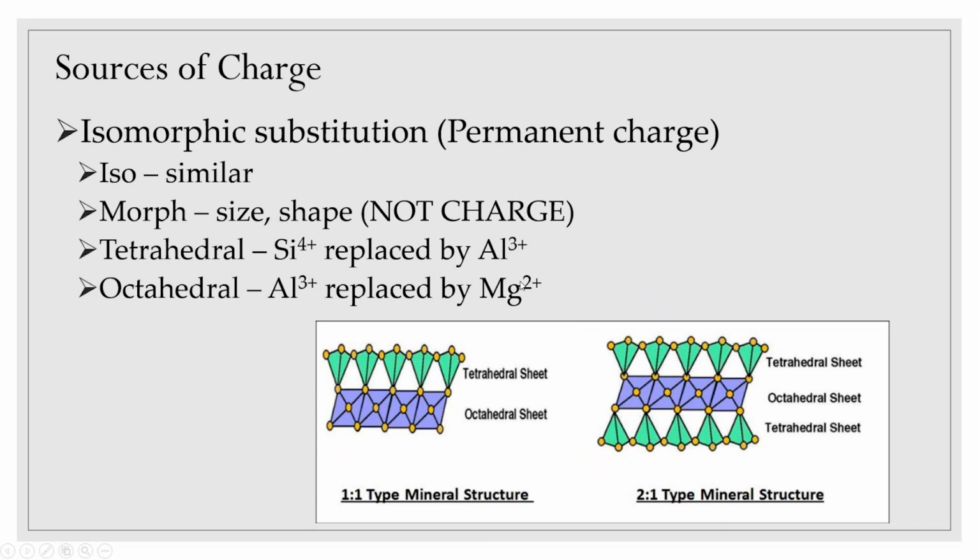Now we can't have a magnesium 2+ substitute for a silica 4+ in the tetrahedral. This is the only substitution that we have. Silica 4+ being replaced by aluminum 3+, aluminum 3+ being replaced by magnesium 2+. This only occurs in the octahedral. This only occurs in the tetrahedral.